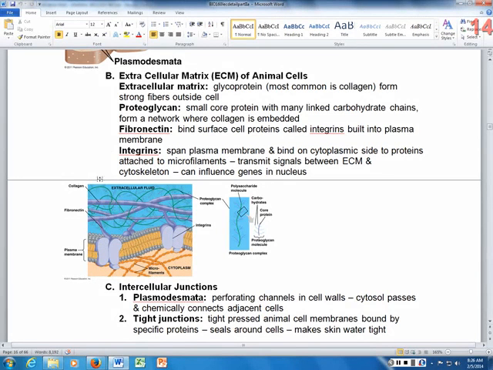So you've got this web-like pattern on the outside that connects through these integrins to that web-like pattern on the inside. So if something on the outside moves some of those feelers, it can actually transmit that message to the inside of the cell that way.